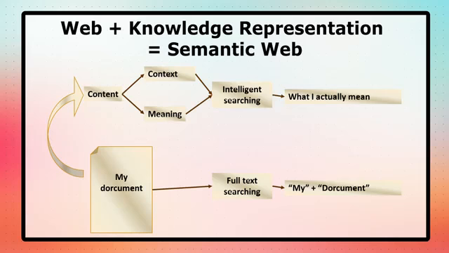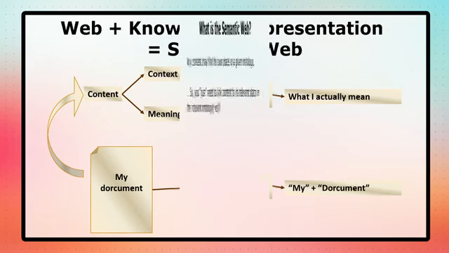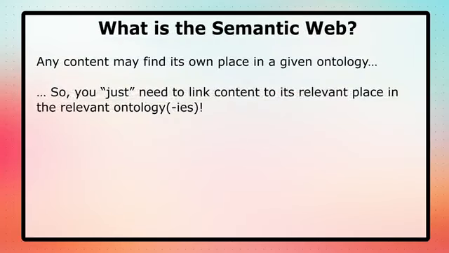This is the block diagram of the semantic web. Schematic diagram of the semantic web. Content and context, meaning, lead to intelligent searching. So what is the semantic web? Any content may find its own place in a given ontology.